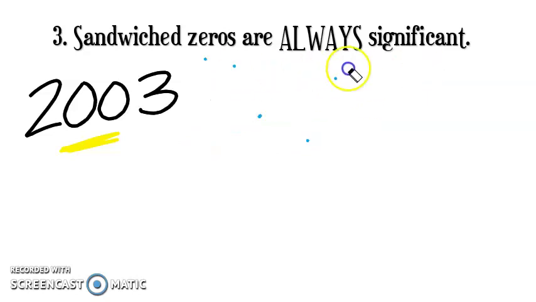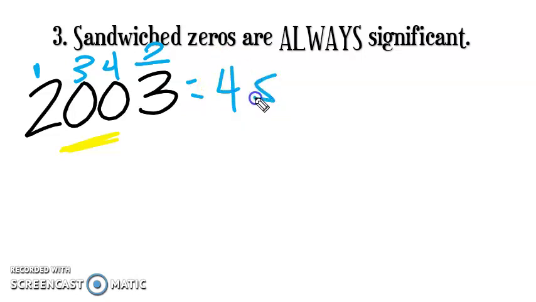It has to be sandwiched between non-zero digits, okay? So if we go back to our example, this 2 is obviously significant because it is a non-zero digit. This 3 is obviously significant because it's a non-zero digit. And then our zeros will also be significant. So this is going to give us 4 sig figs.